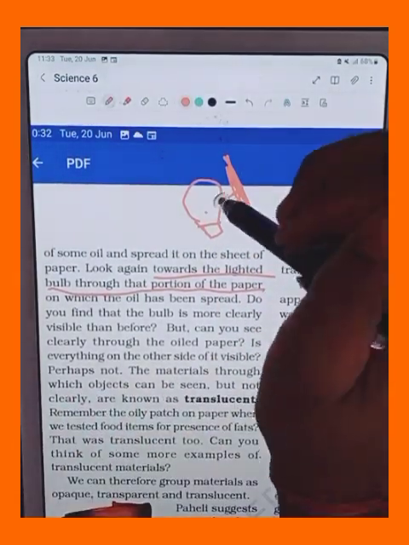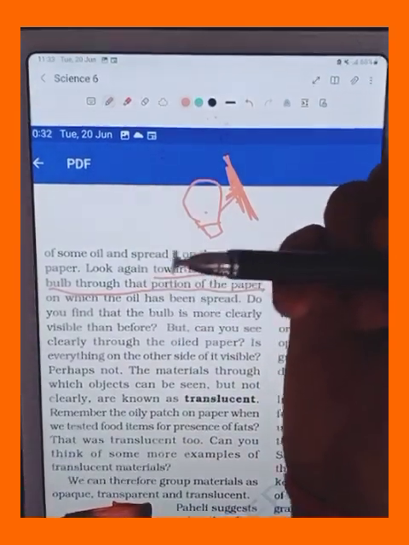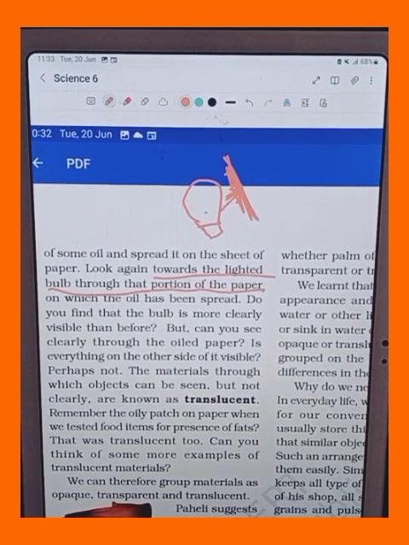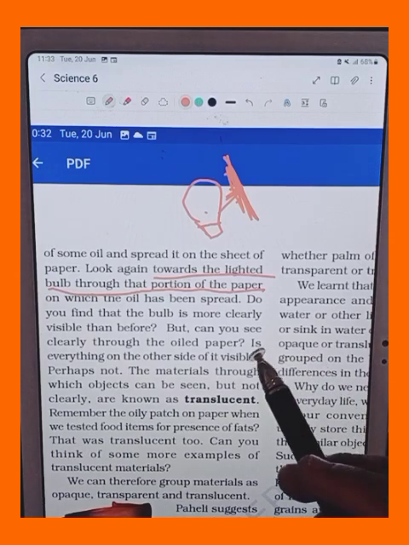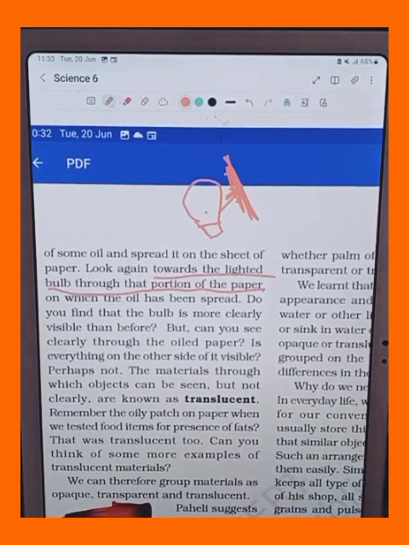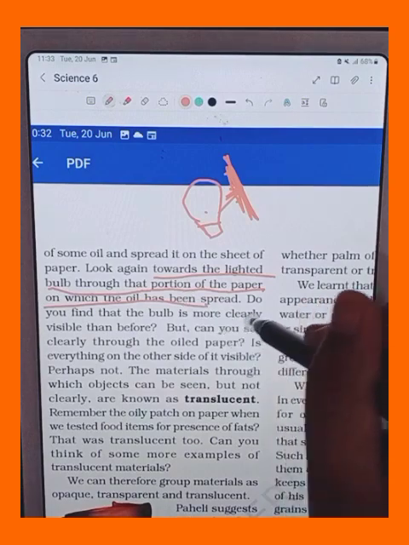You would see that the paper beside it would glow, because paper is translucent. When you put some oil on paper, we can see behind it, and you can make tracing paper also.